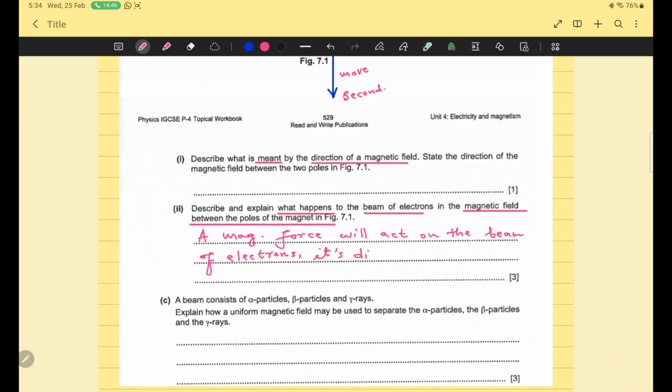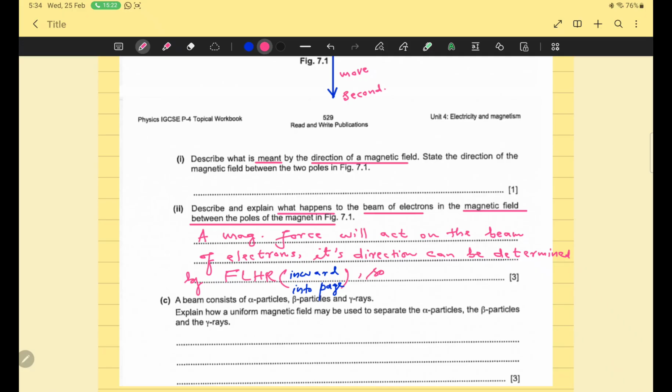Its direction can be determined by Fleming's left hand rule, and it is inward into the page. But they are not asking. The magnetic force will be acting inward into the page.